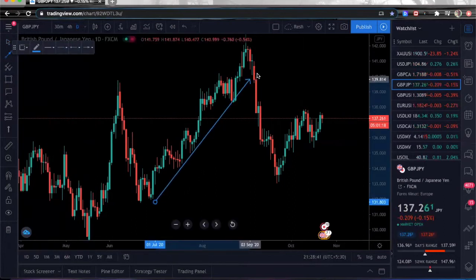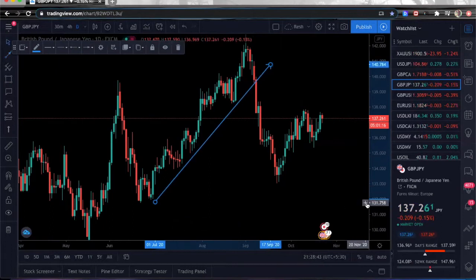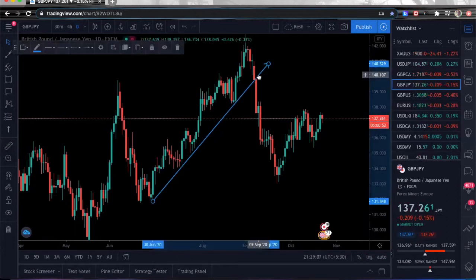From the price of 131 to 140, this indicates that sterling pound has gained strength over the Japanese yen. This happened on the 29th of June 2020 all the way until September. So over here, sterling pound is buying more Japanese yen. You might be familiar with that.